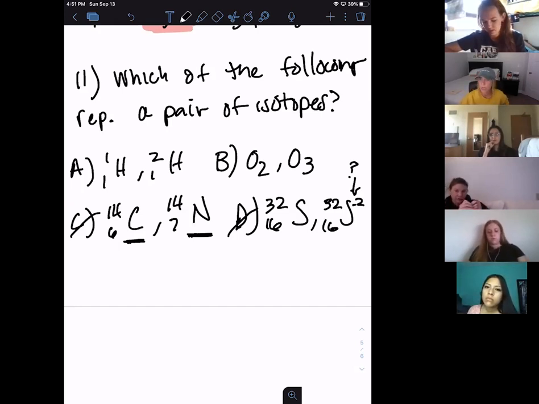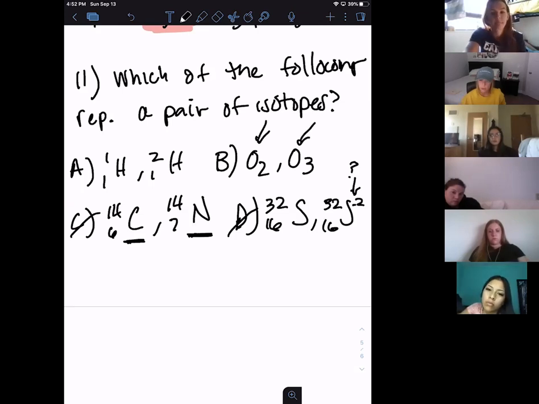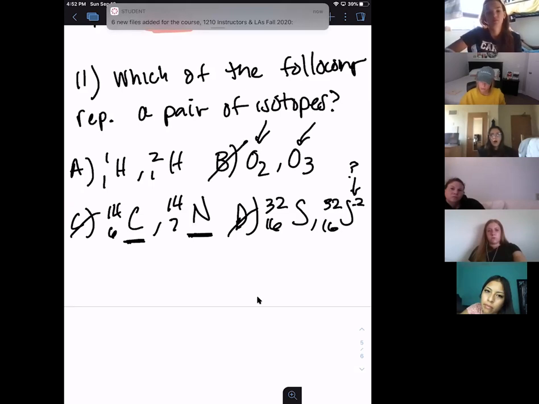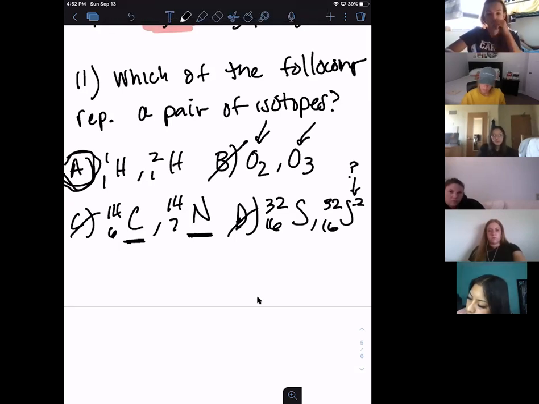Okay, so O2 and O3, those are actually just molecules. That has nothing to do with isotopes. What's the definition of an isotope? Differing mass. Okay, differing mass. Electrons and neutrons. Yeah, and so what are these? Those are completely different things. That's like ozone and oxygen gas. So it can't be this. So the only applicable answer would be the change in the neutrons and the mass.